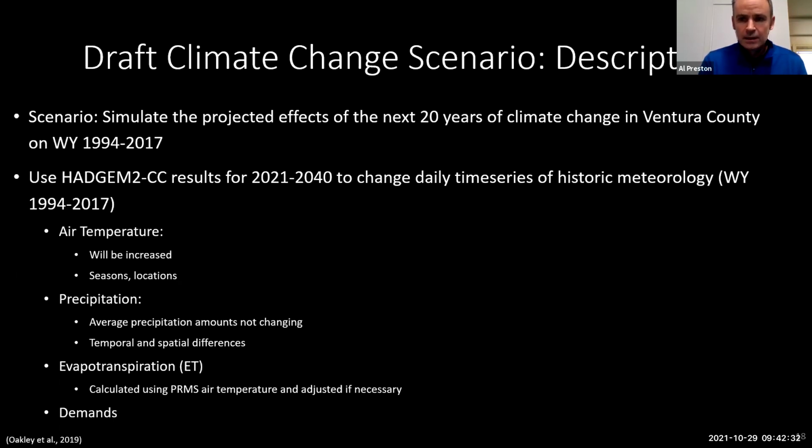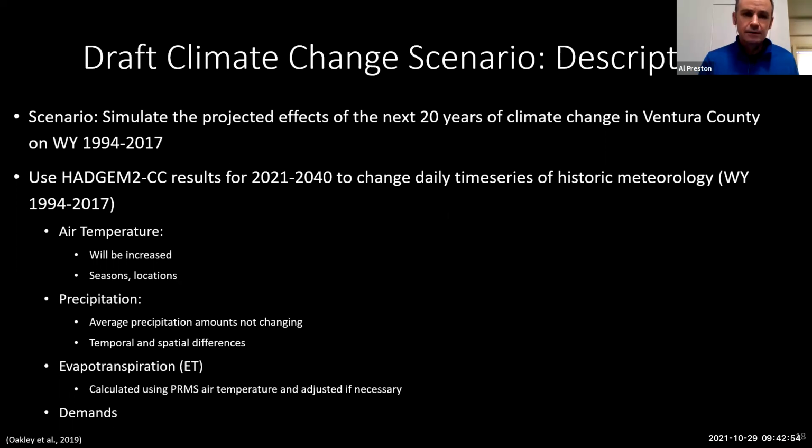The precipitation is a little more complex because we're not really changing the average amounts. We're changing the distribution. We're going to make the wet days wetter and the smaller storms drier, but using a similar approach. There are about 20 rain gauges in the watershed that we use as model input.